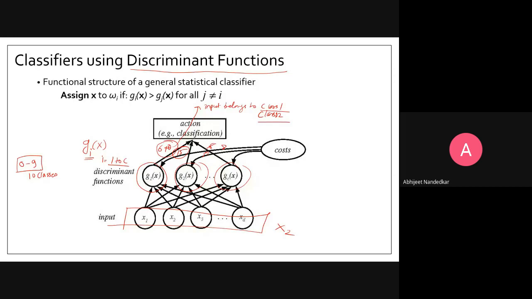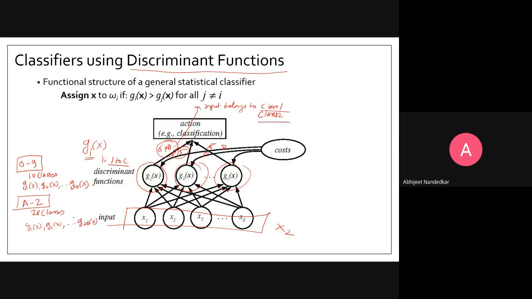So that means I will require g1(x), then I will require g2(x), and so on up to g10(x). Say for example, I want to recognize letters A to Z, then there are 26 classes. Then I will require g1(x), g2(x), and so on up to g26(x).